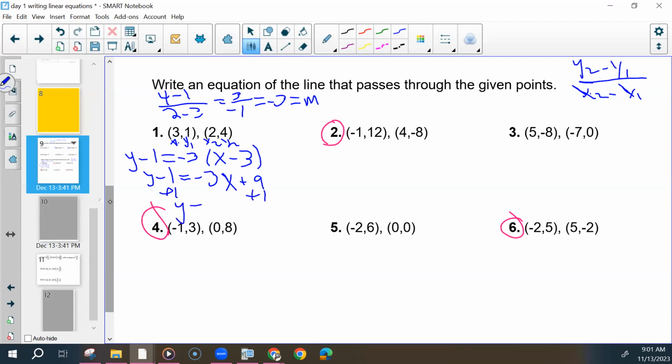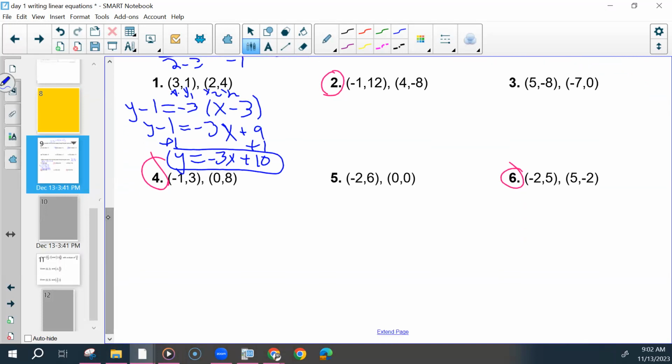So y equals, what's our equation? You don't have a whole lot of space underneath here, so you can do this part lower or up higher.